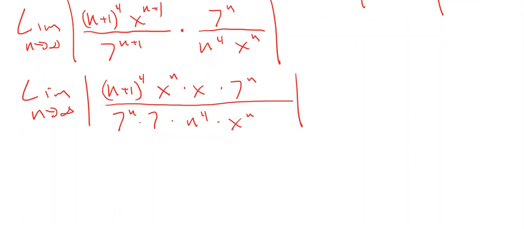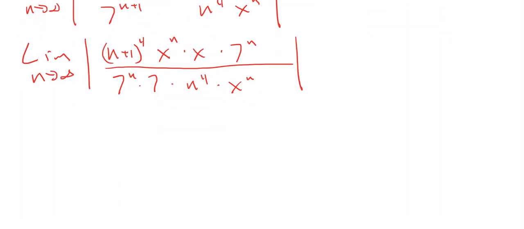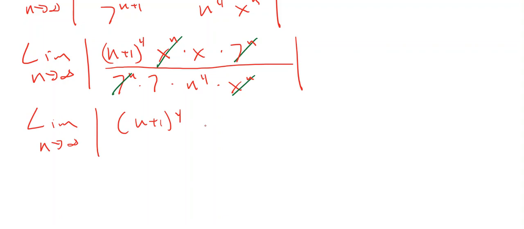Now we can see that some things cancel out here. So the x to the n's cancel out, the 7 to the n's cancel out, and so what I am left with is the limit as n approaches infinity of (n plus 1) to the fourth times x over 7 n to the fourth.